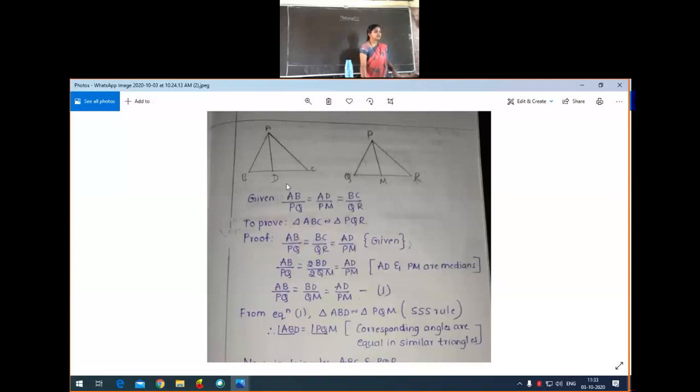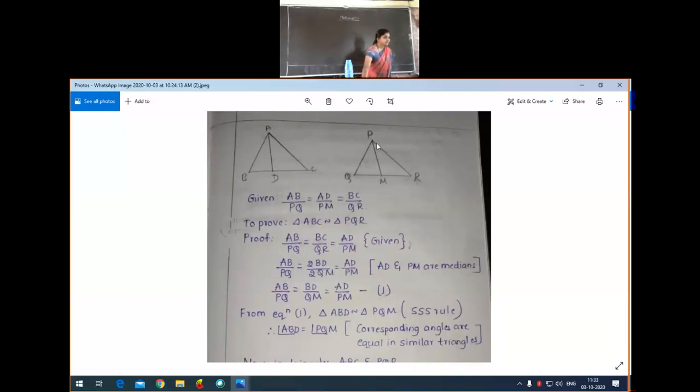To prove: triangle ABC is similar to triangle PQR. Here the median concept is given, no? A median divides the third side into two equal parts. So BD is equal to DC, and QM is equal to MR, and it also divides the triangle into two equal areas. Okay, so proof.